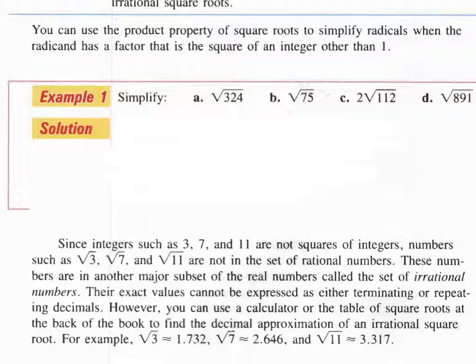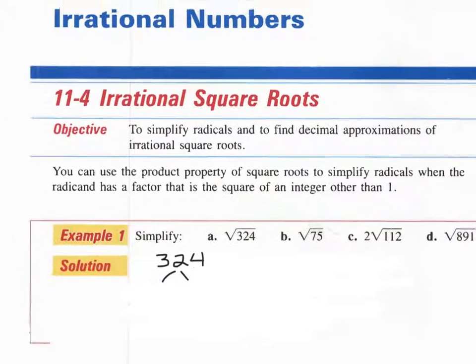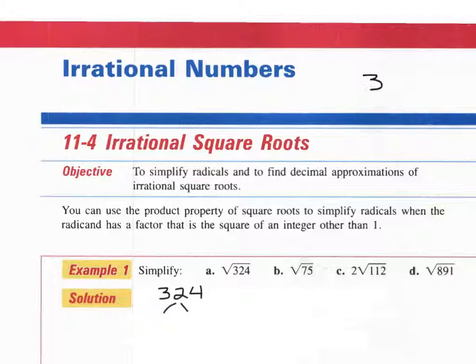I'm going to go ahead and completely factor this and keep breaking it down. So I'm going to look for two numbers that will multiply to give me 324. Now obviously you can see that it's even, so we could divide it by 2. Let me do that up here. 324 divided by 2. 2 goes in here once, 12, 6, and then 2 goes into 4.